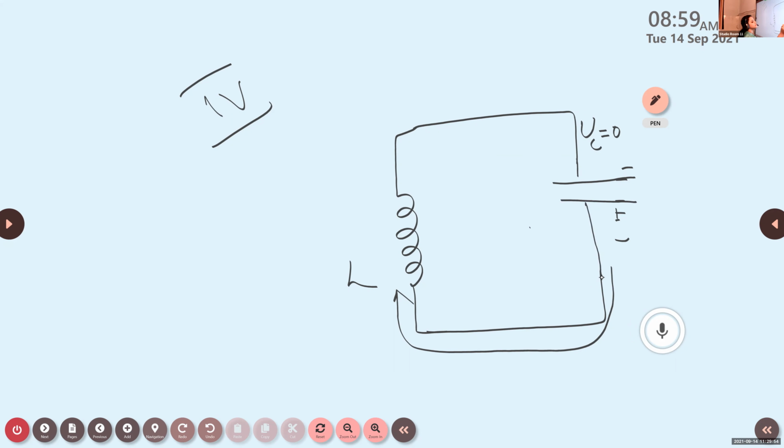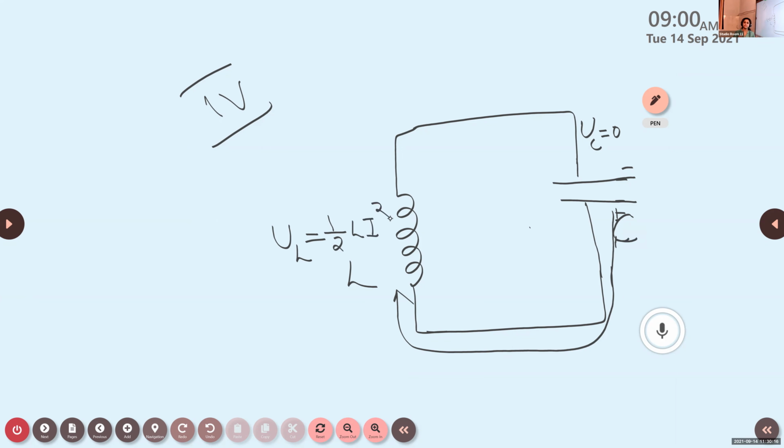So in this case, the energy stored in the capacitor becomes equal to 0, UC is equal to 0. At the same time, the same amount of energy is obtained by this inductor. Then the energy stored in the inductor becomes half Li square.